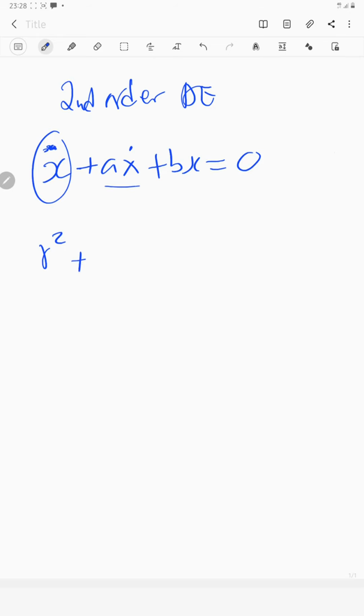Because the other one is just x prime, we present it as a r, and because the other is b x, we take out b as the coefficient of x, and then we say it is equal to 0. Then we can solve this equation.